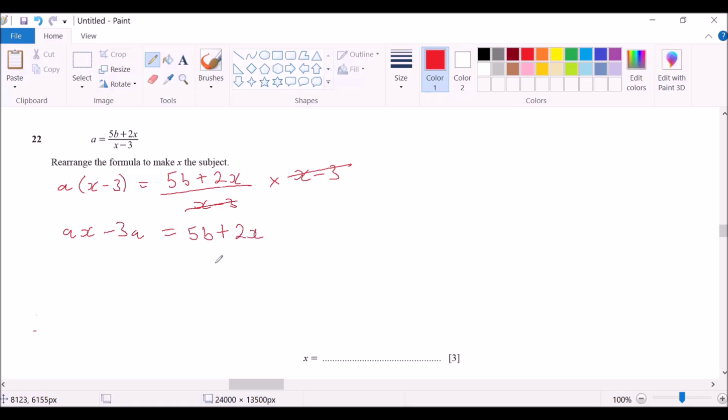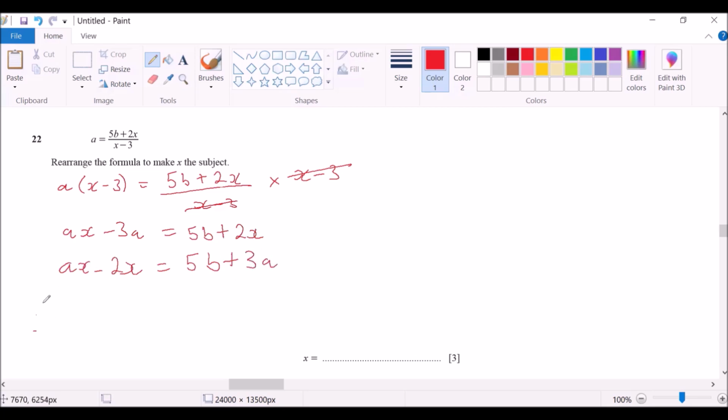Now we take all terms with X on one side and all terms without X on the other side. So we have AX minus 2X, and we take this to that side, being equal to 5B. When we take this to that side, it becomes positive plus 3A.